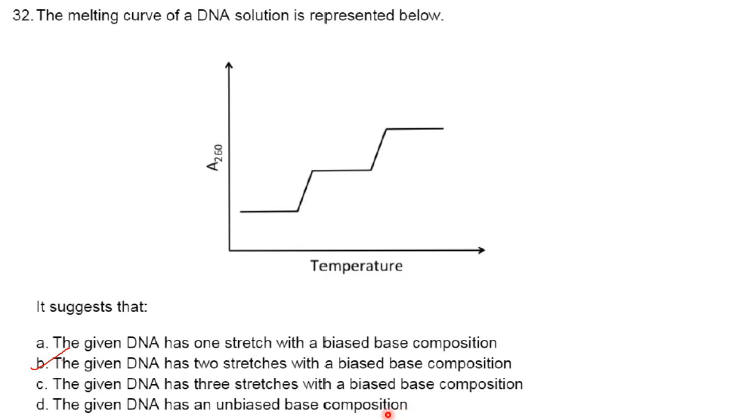Now if it was option C, the given DNA has three structures with a biased base composition, but here only two are there, 1 and 2. There is no third one, no slant over here. So it has only two structures. So the answer is option B.